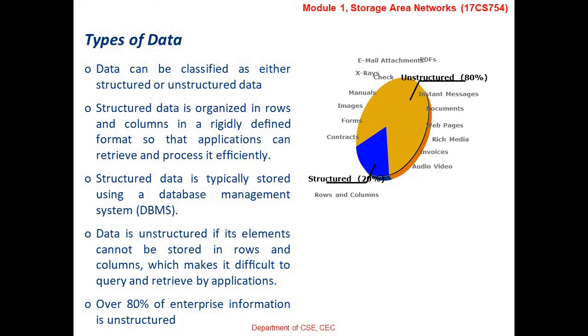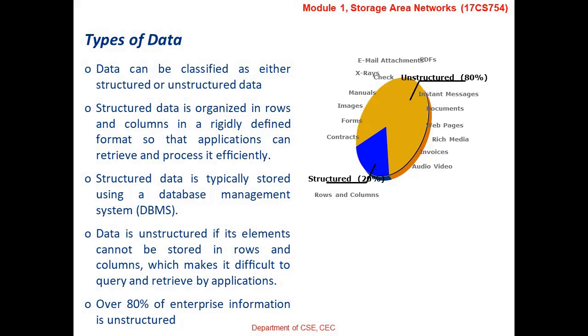Now you have one more category of data, called unstructured data. Let us see what this unstructured data is. Data is unstructured if its elements cannot be stored in rows and columns, which makes it difficult to query and retrieve by applications. Now, the interesting fact is over 80% of enterprise information is unstructured.